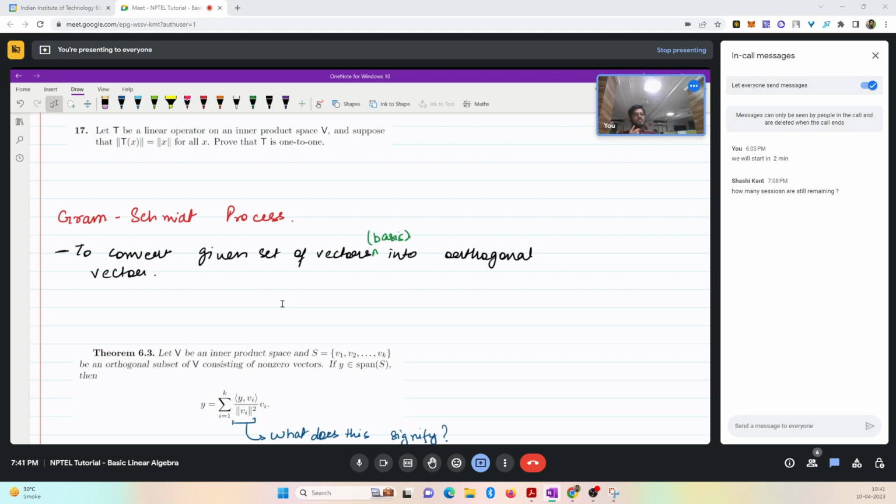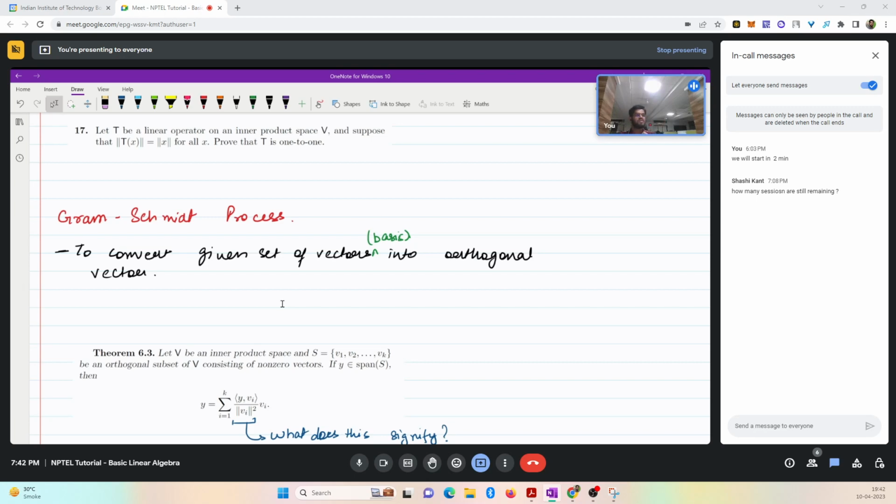If you have this orthogonal representation for a basis, then you can look at something like singular value decomposition or those kinds of things, where you need basis vectors to be orthogonal.